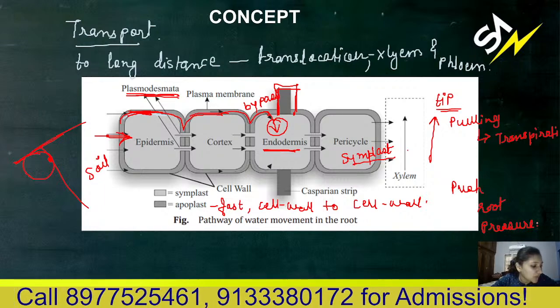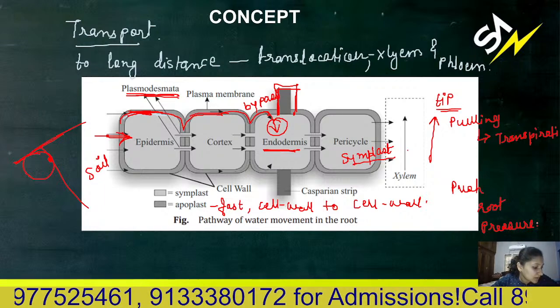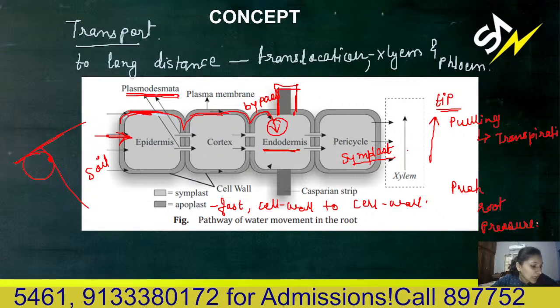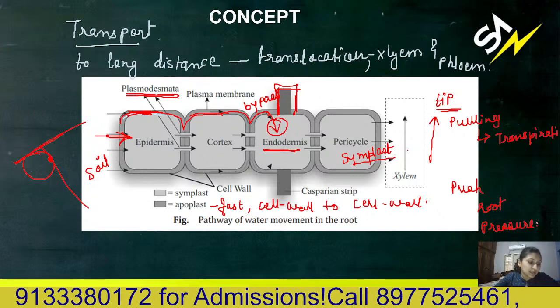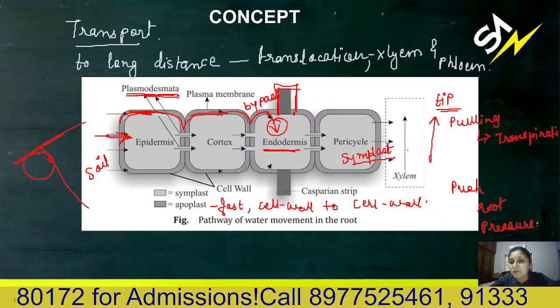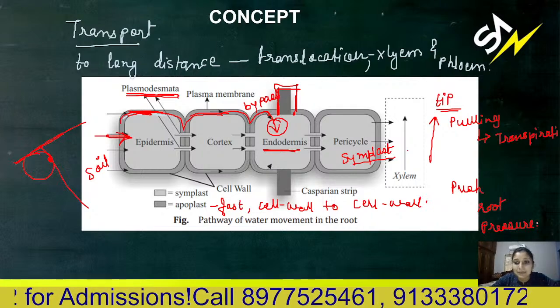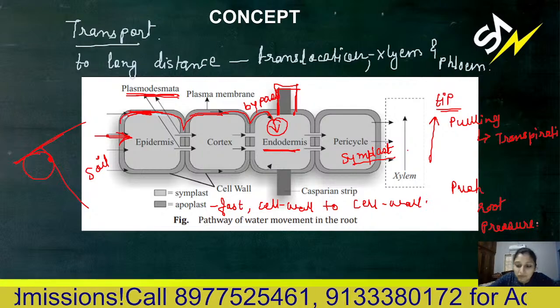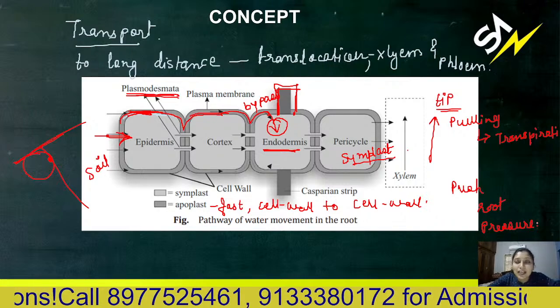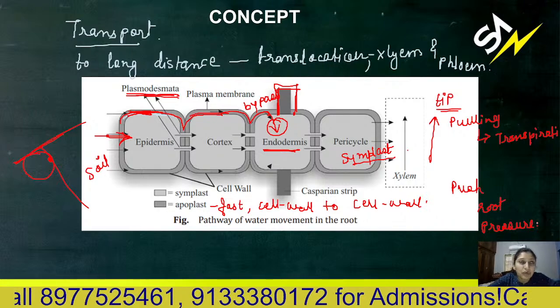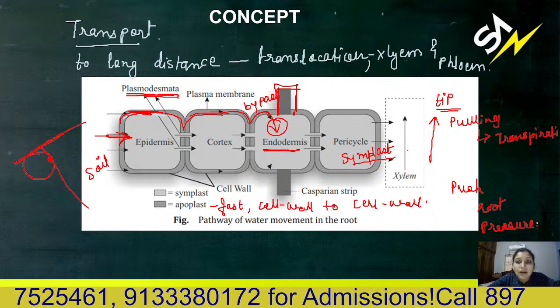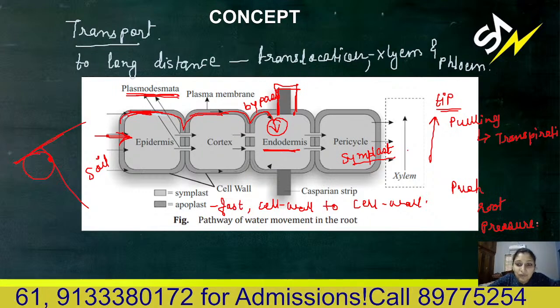Guttation is the loss of water in liquid phase, right, Nitin? Loss of water in the form of liquid, that is guttation. It is because of root pressure, not because of transpiration. At night time, the evaporation rate becomes low. Transpiration is a type of evaporation only.